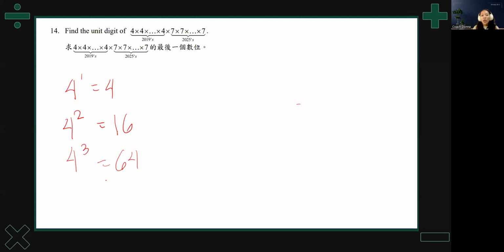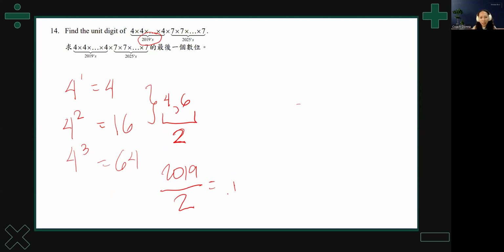Notice we're just going back and forth between 4 and 6 every time we multiply it by itself. But we're going to multiply it 2019 times, so we divide 2019 by 2 to know which of the two we end up with. It's not even, it has a remainder of 1.